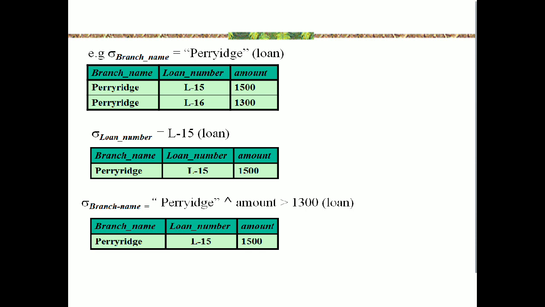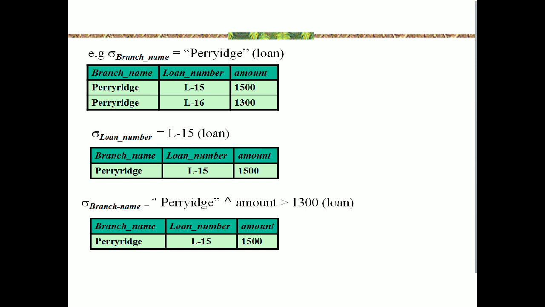Another example, sigma loan number is equal to L15 loan. That means we have to find the row whose loan number is L15, and we are going to find it from the loan relation.